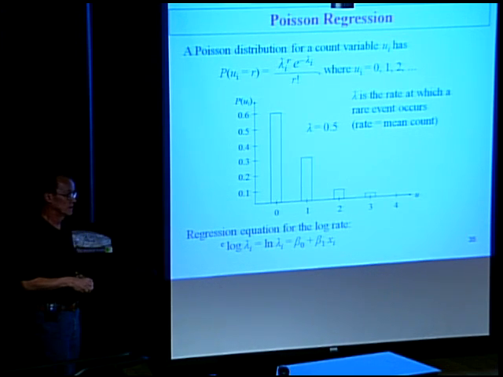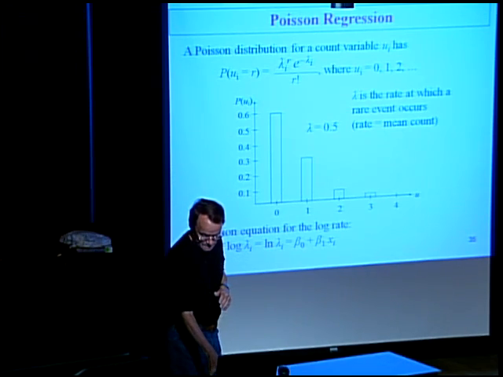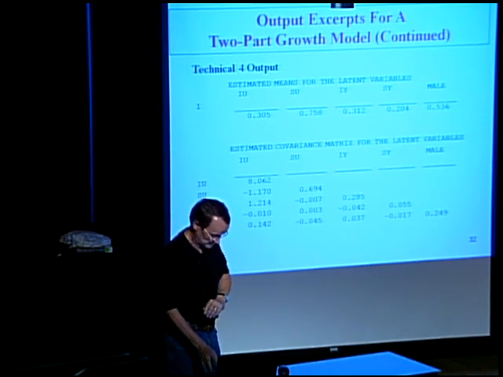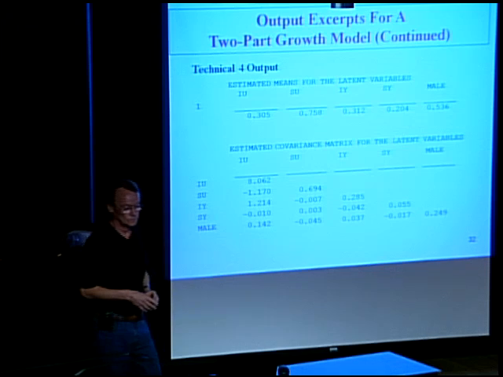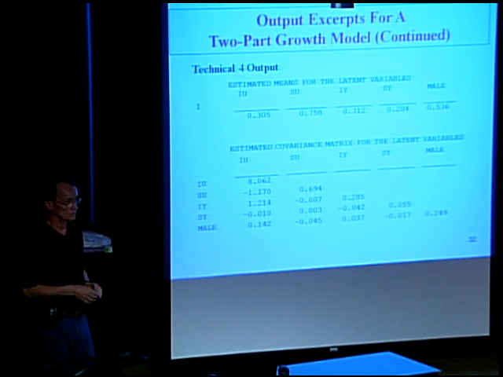Yes, front row. Yes, I had a question on slide 32. And the question is, how do you interpret those means? For example, the IU and the IY are very similar in size. What scale are these on? Are these interpretable?